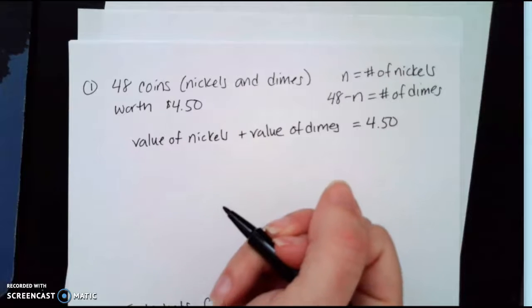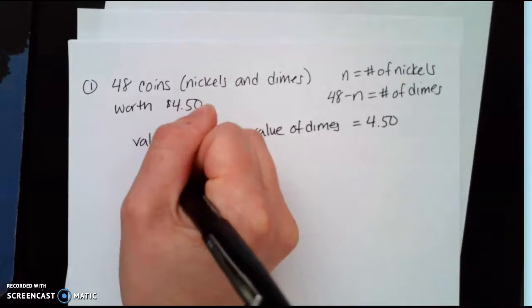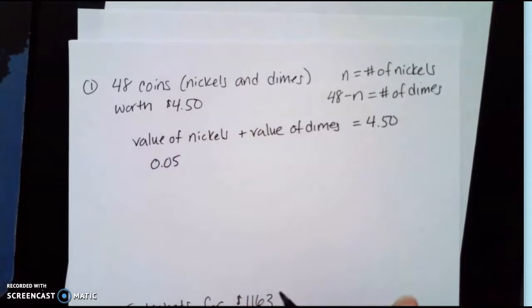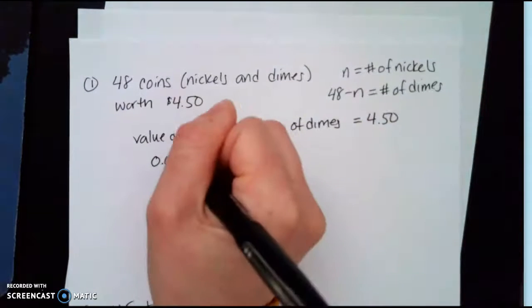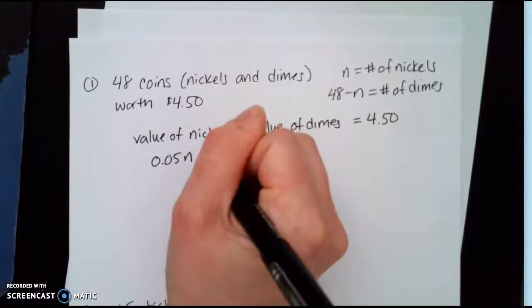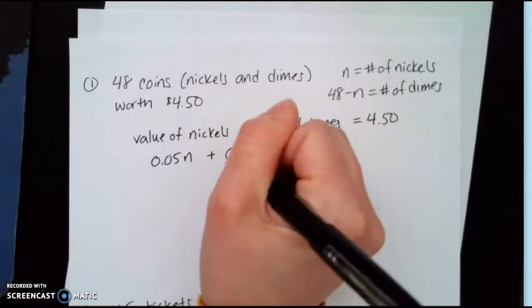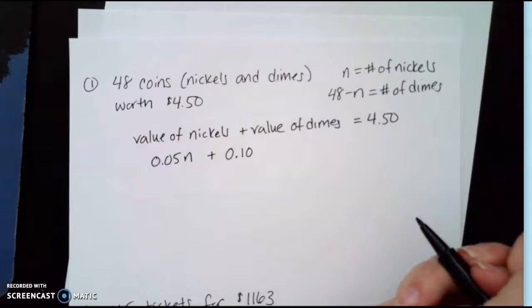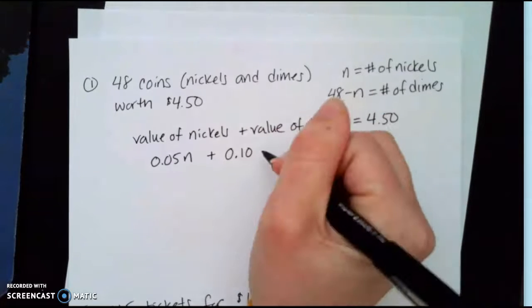To find the value that we have in nickels, I'll take the value of 1 nickel, 5 cents, and multiply it by the number of nickels, which we have represented as n. To get the value of the dimes, I'll take the value of 1 dime, which is 10 cents, and then multiply that by the number of dimes that we have, which is this 48 minus n.